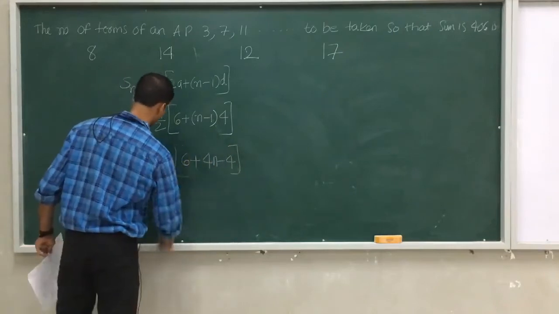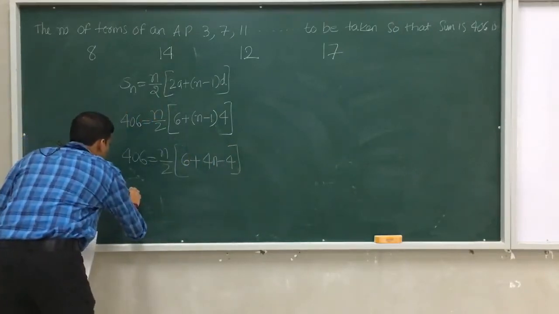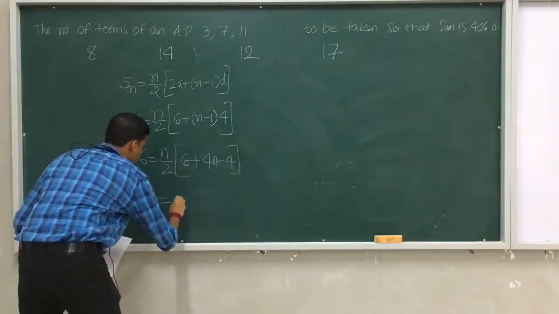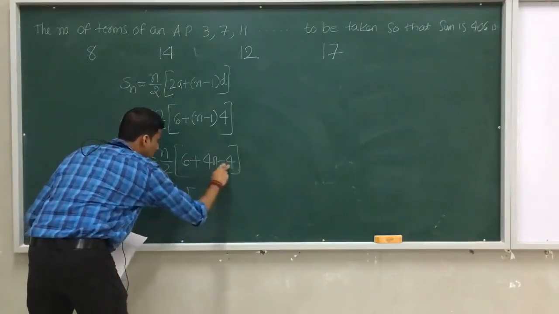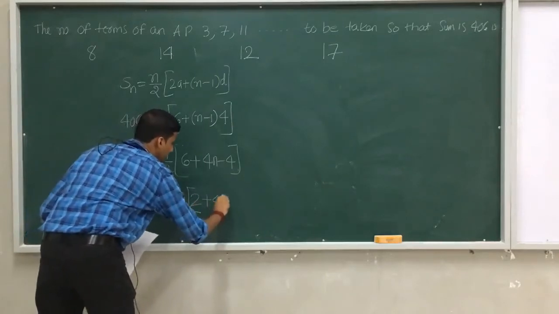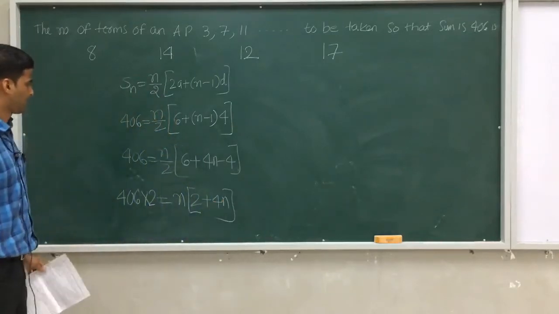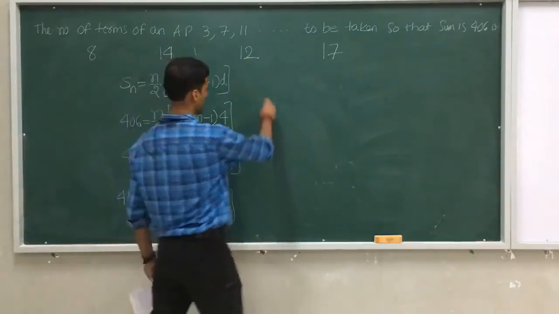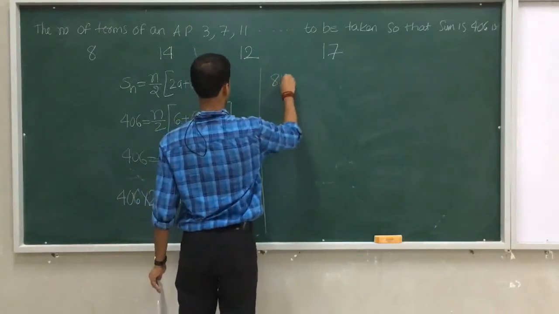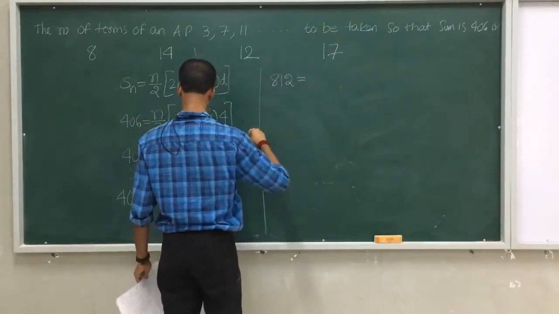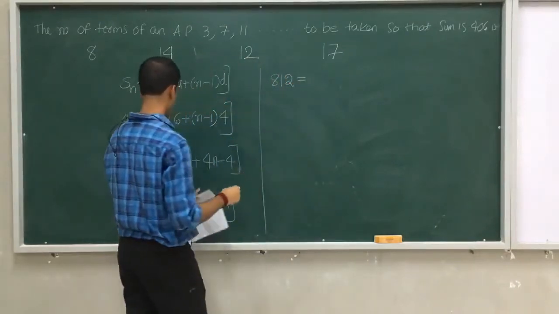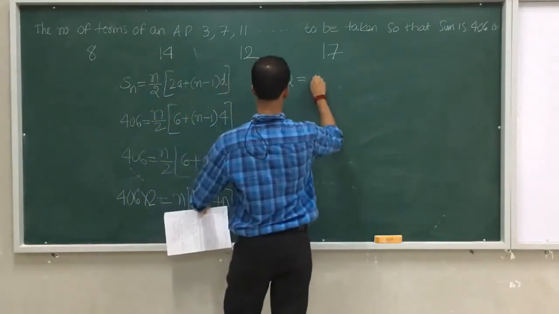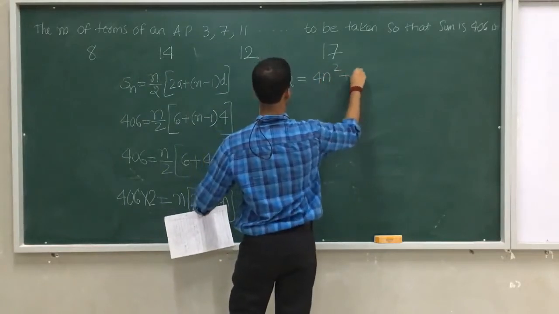So it is nothing but 406 into 2 equals n times (6 minus 4, 2, plus 4n). 406 doubles are 800 and 12, so 812 equals, if you multiply, 4n square plus 2n.